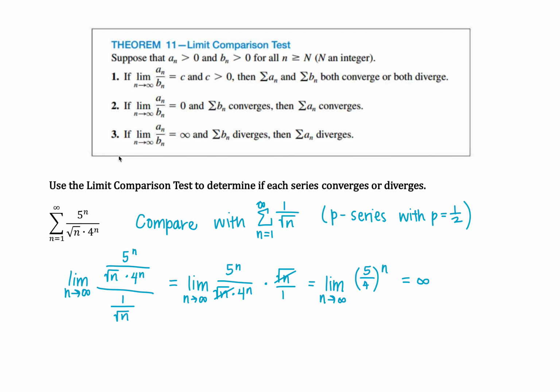So we're in the third case here. The limit equals infinity and the denominator diverges, so does the series in question. So we can say that the series from 1 to infinity of 5 to the n over the square root of n times 4 to the n will diverge.